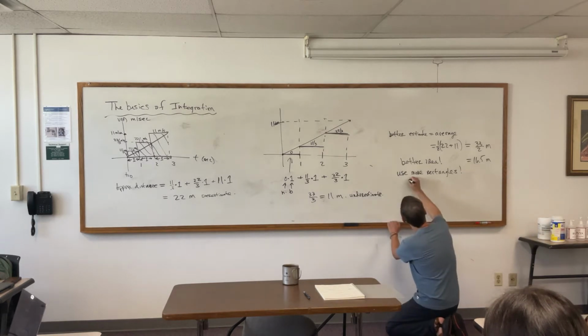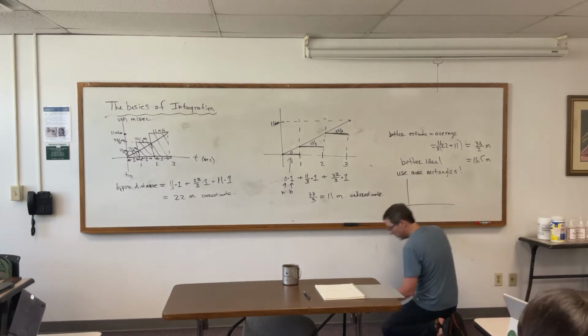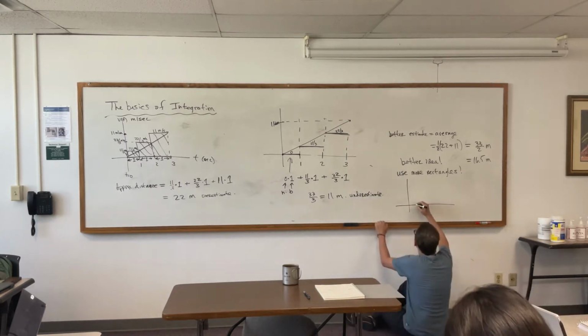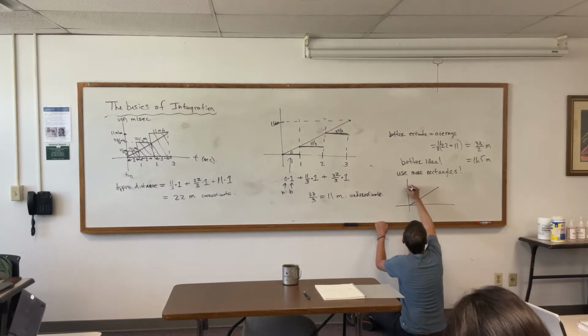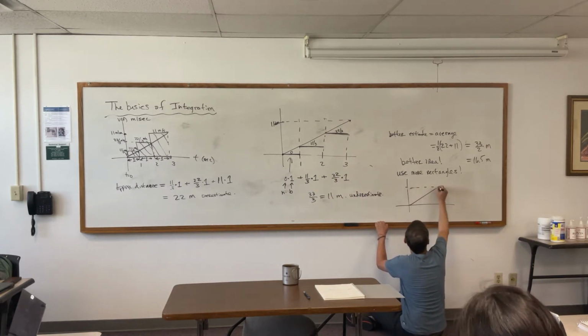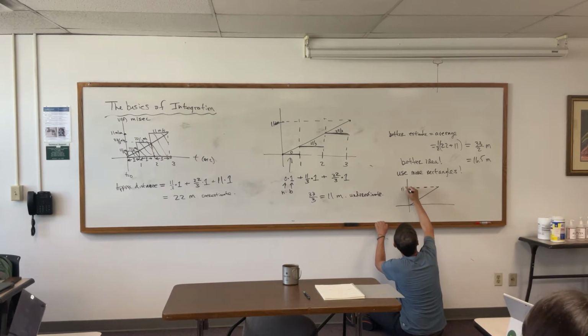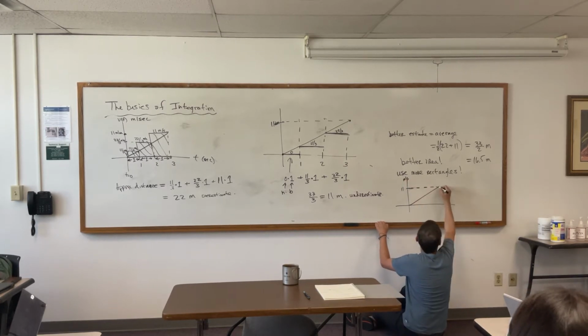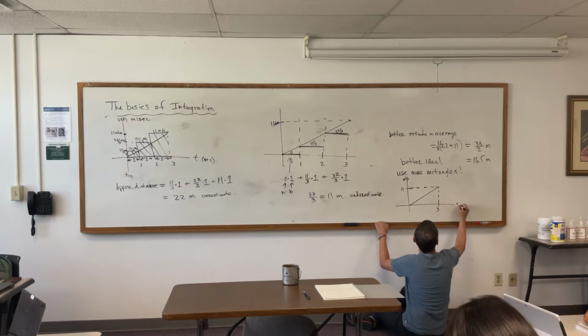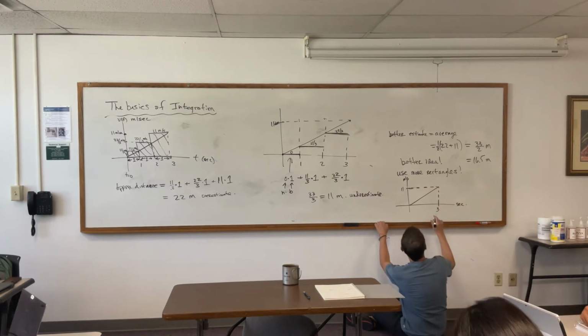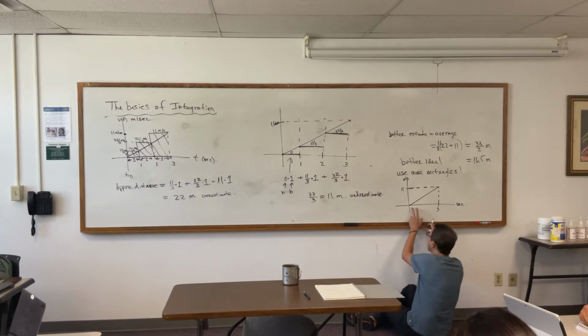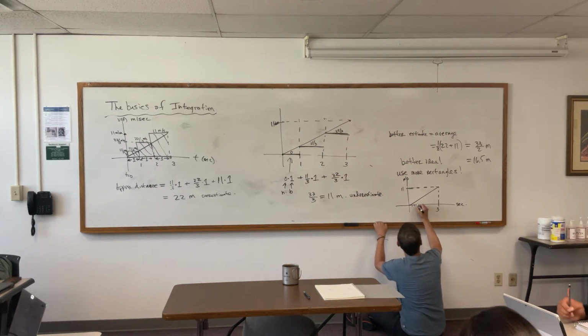So what we're going to do is have something like this. Got my situation. There's 11 meters per second. Here's 3 seconds. What I'm going to do is cut this axis up into a lot of pieces.